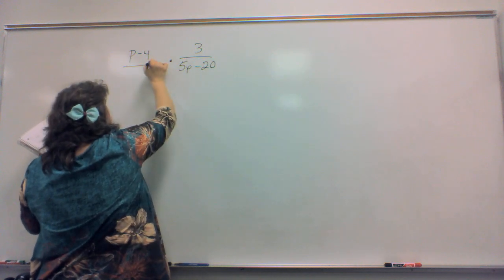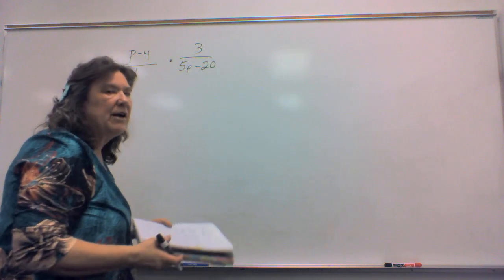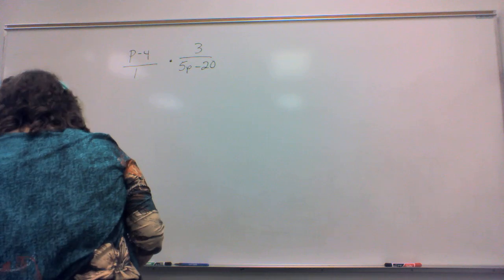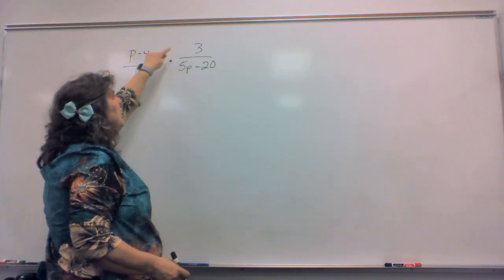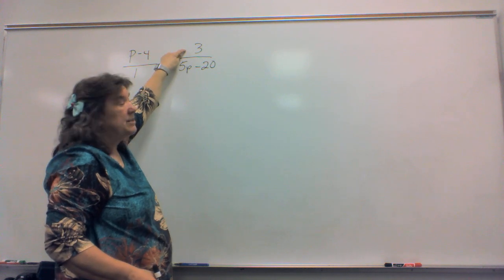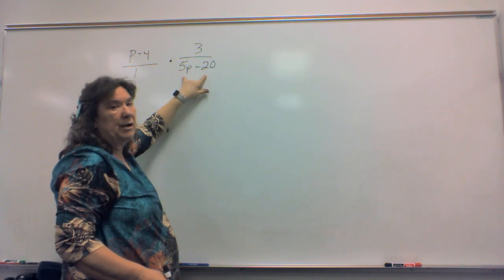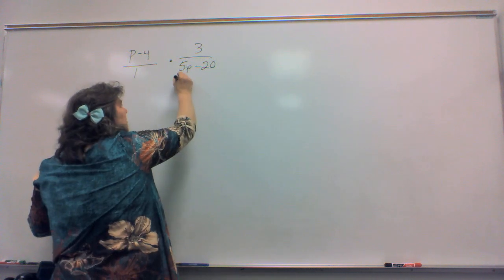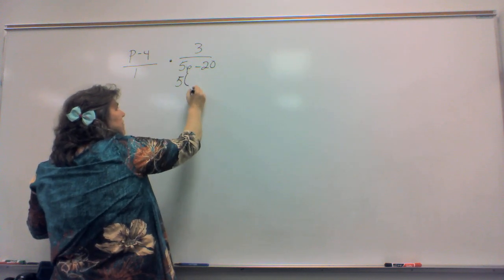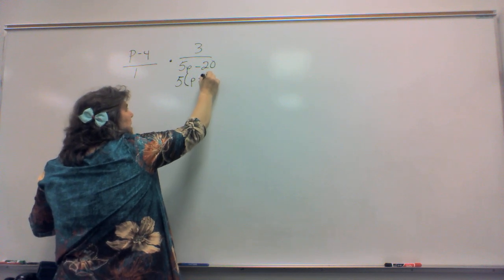Well, this p minus 4 can be made into a fraction by putting it over 1. Notice, this one is already factored. 3 is already as well factored as it can be. There's only this one that needs to be factored. So rather than rewrite the whole thing, I'm going to just write it down below. 5 times p minus 4.